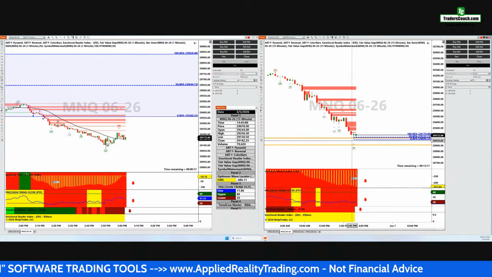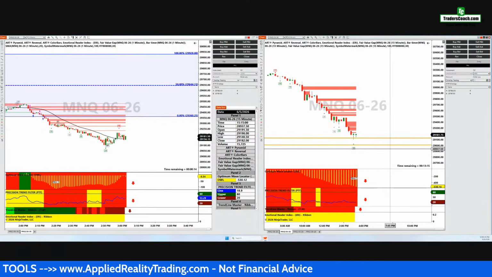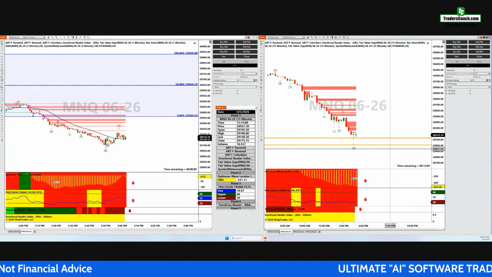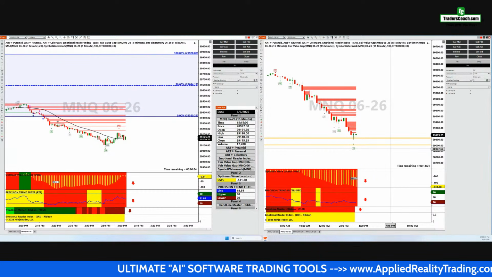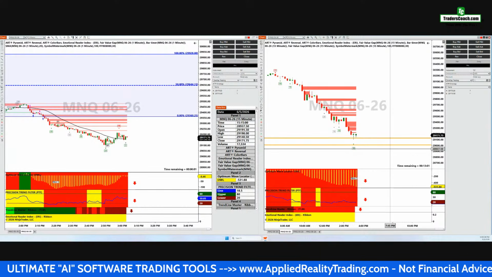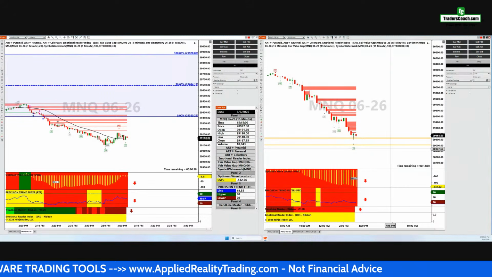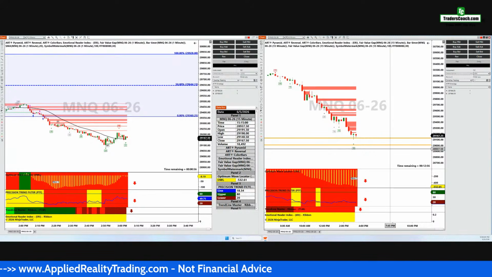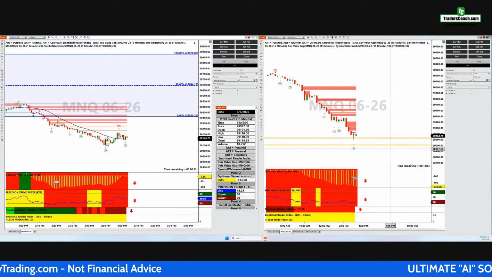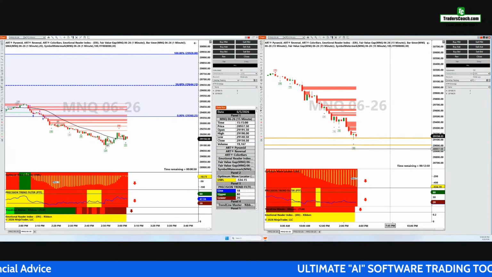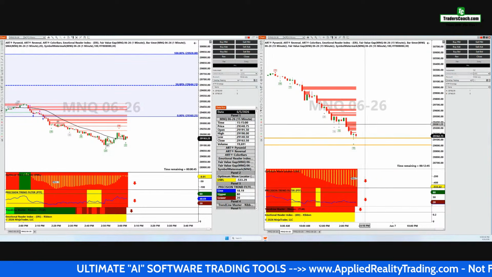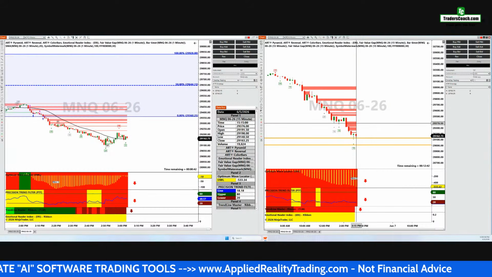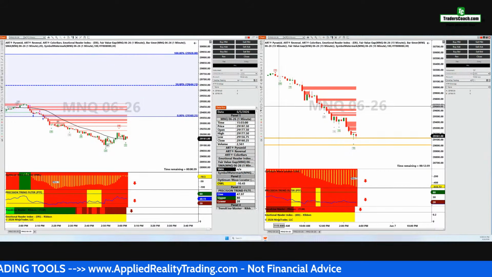It's a possibility. I personally think we could get a little rebound here and then another move down, but the rebound, not so sure how high it's going to go past these bearish 5-minute fair value gaps, but that's 100 points, 200 points.